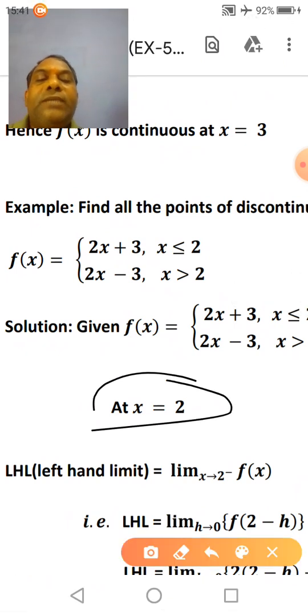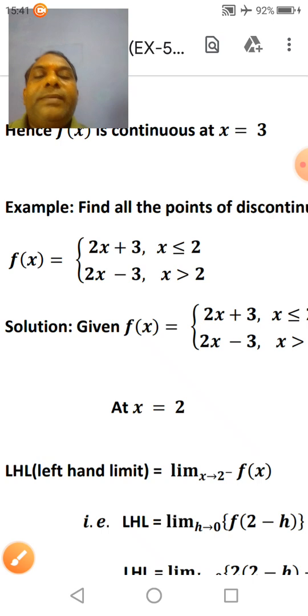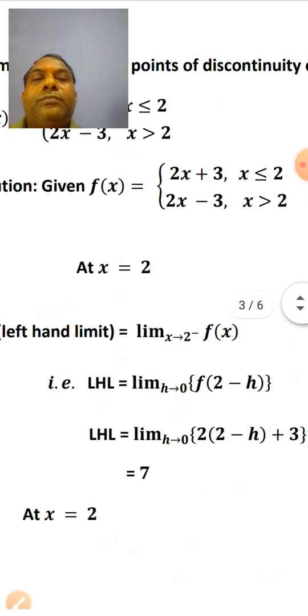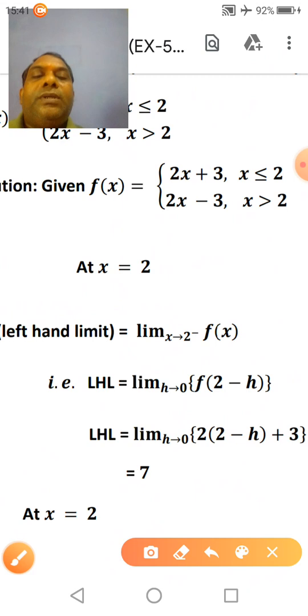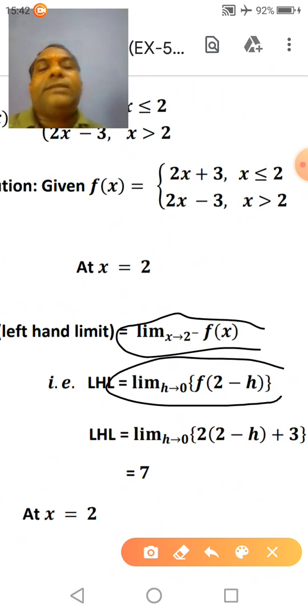Firstly find the left hand limit. LHL will be limit x tends to 2 negative f(x), which is equal to limit h tends to 0 f(2 minus h).